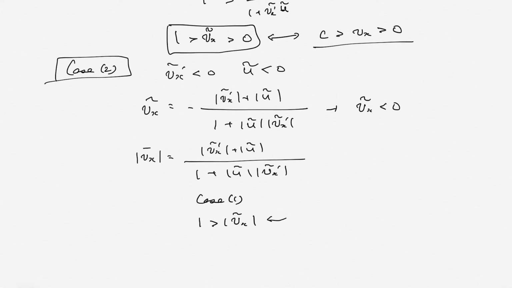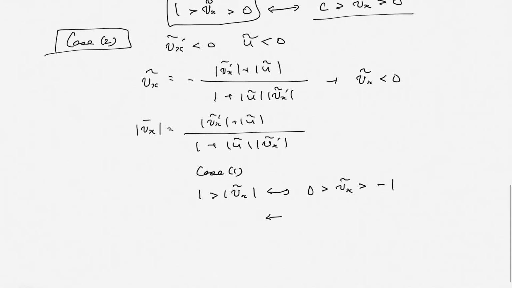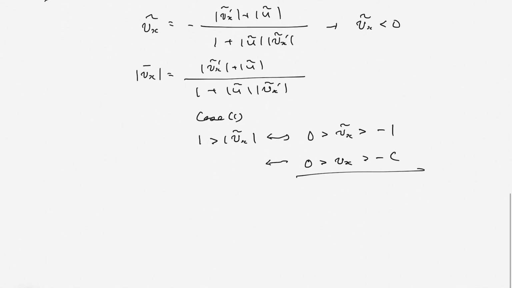So v sub x is a negative quantity but larger than minus c. Still, the speed of light is the maximum speed.